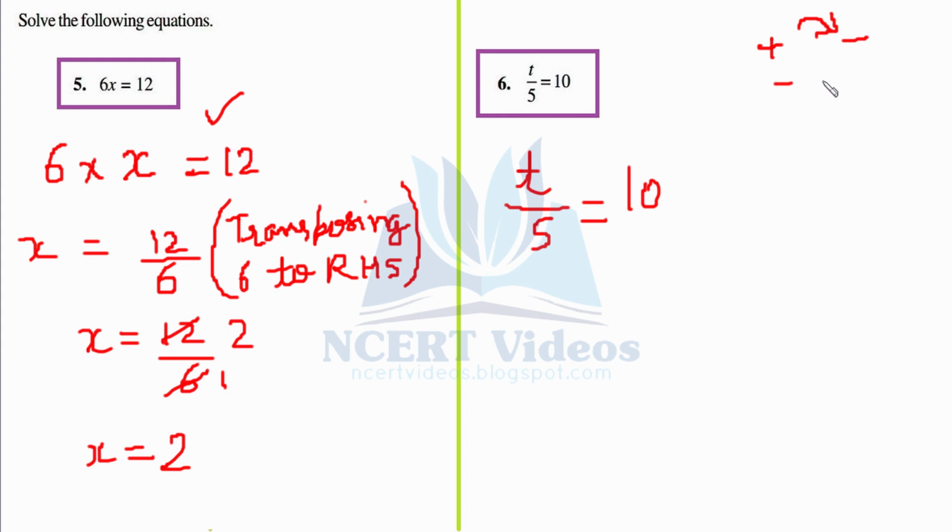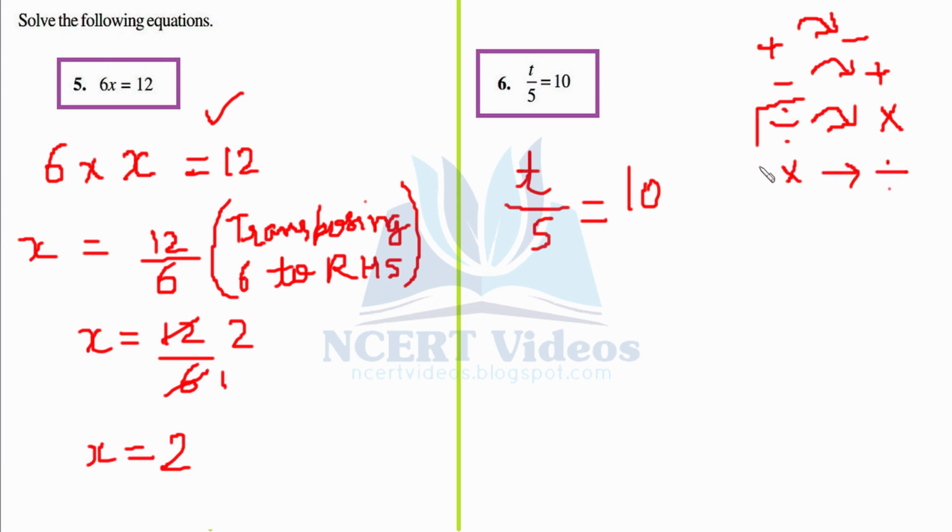That is, minus would transpose to plus, and division would transpose to multiplication, and it is again vice versa. Multiplication would transpose to division.